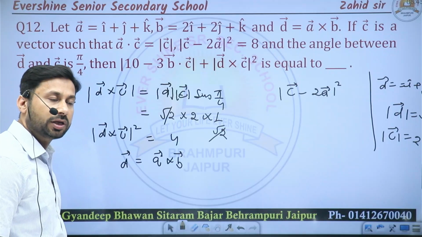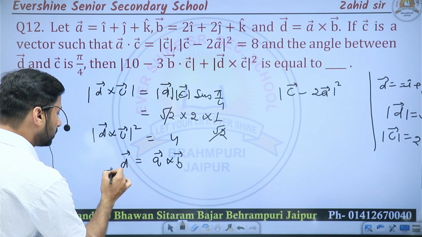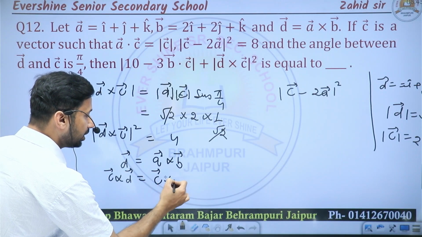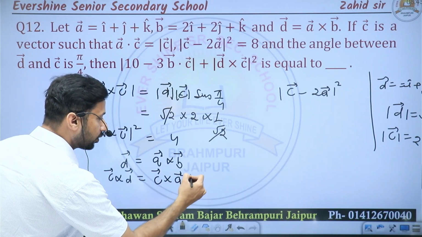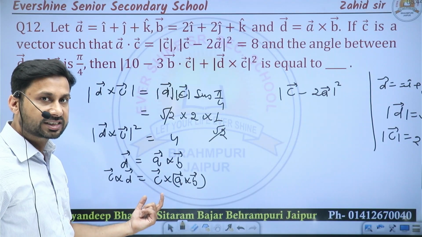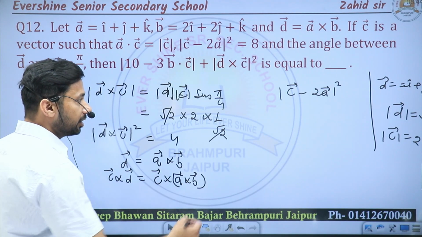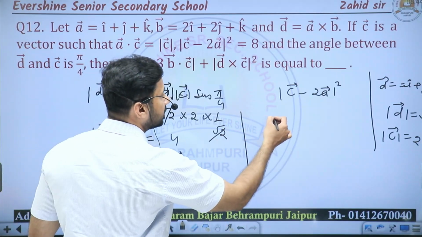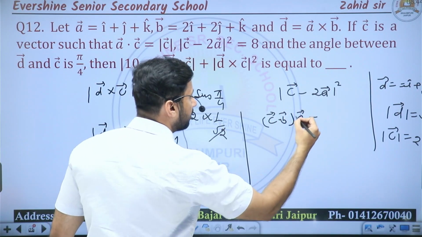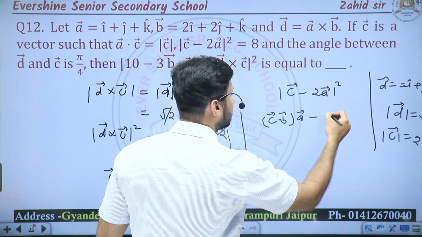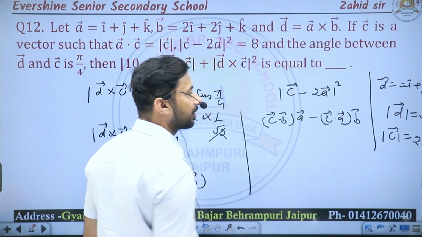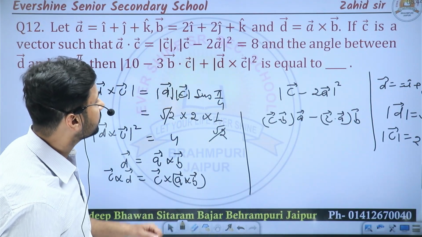Now next, we are given D equal to A cross B. So I can multiply both sides by C: C cross D equal to C cross A cross B. Now I can apply the formula which I explained in my previous lecture. It will be equal to C dot B multiplied with A minus C dot A multiplied with B. This is the formula.